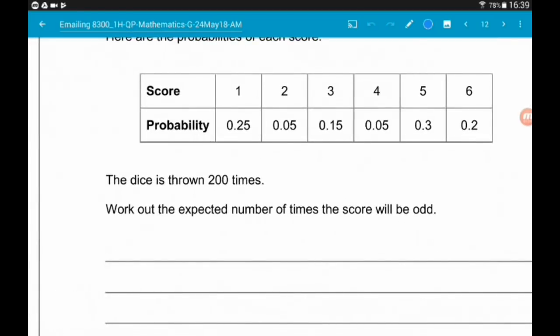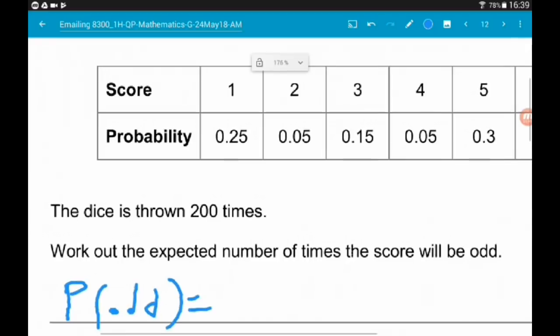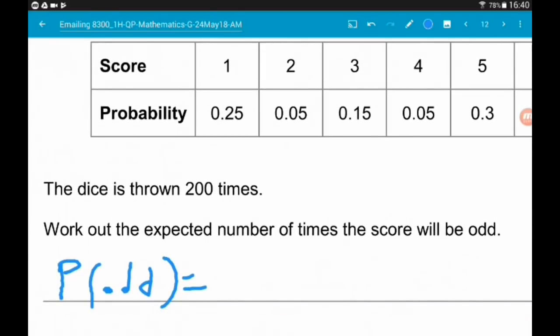So I'm going to call this probability odd. So 1 is odd, so we got 0.25, and the next one is 3, so 0.15.